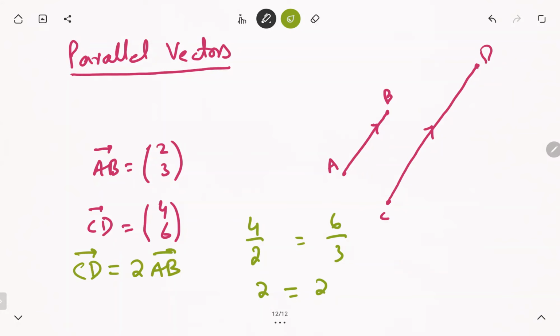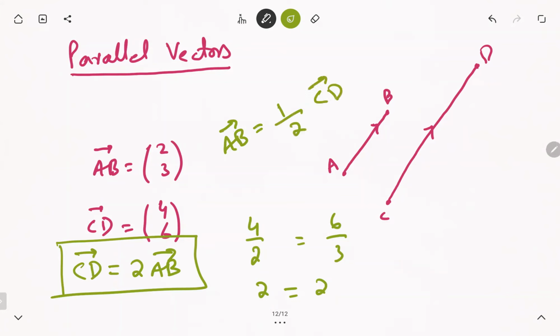Can we write it like that? जो वेक्टर CD है, it is 2 times the vector AB. या यूं भी लिख सकते हैं AB vector is half of CD. सो इसका मतलब ये हुआ कि जब कभी वेक्टर्स प्रोपोर्शनल होंगे, मीन उनके x कंपोनेंट की रेशियो और y कंपोनेंट की रेशियो इक्वल होगी, तो वेक्टर्स विल बी पैरेलल। और जब वेक्टर्स पैरेलल होंगे तो उनको एक इक्वेशन की फॉर्म में हम लिख सकेंगे, जैसे मैंने यहाँ पे 2 इक्वेशंस लिखी हैं, CD is equal to 2 times AB, और वी कैन राइट AB is equal to half of CD.